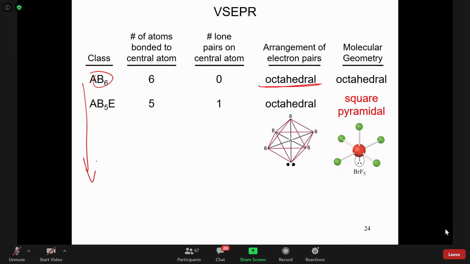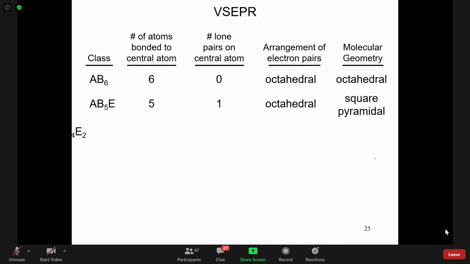So in this case, with something like BrF5, we go from octahedral to square pyramidal. If you think about it, this would be kind of a square pyramid, right? Okay, that's one example. Another example is we're taking away a bond, we're adding another lone pair.